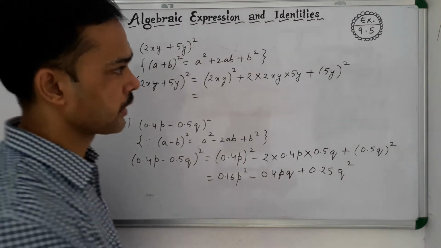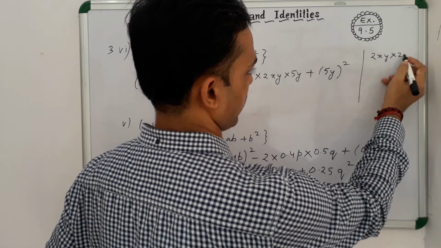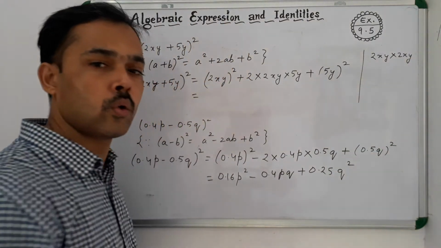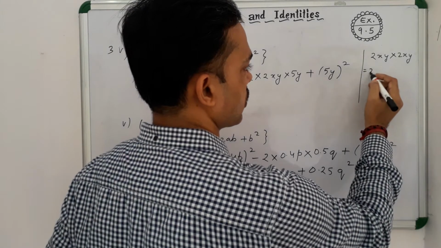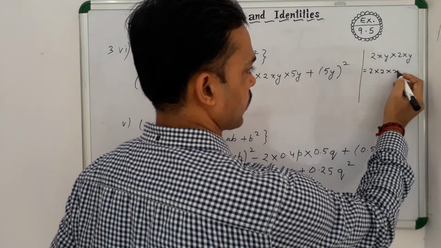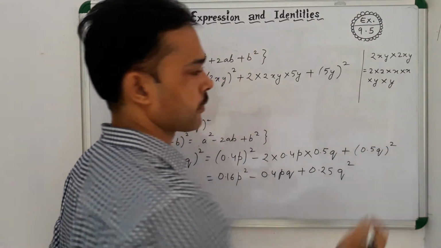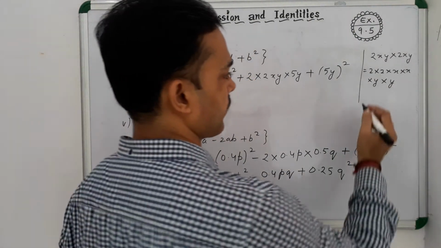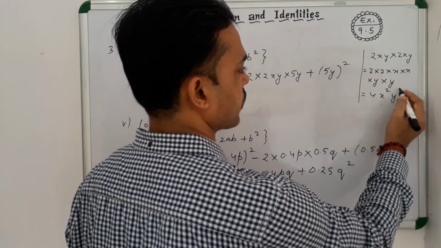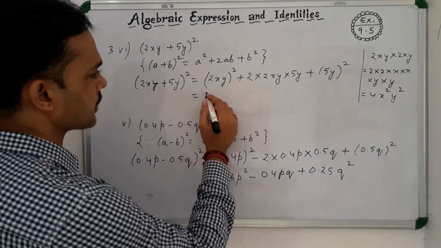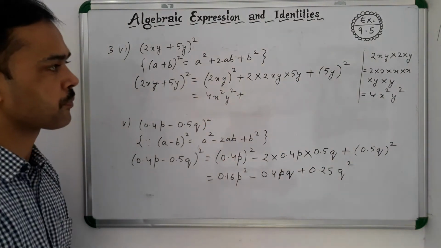(2xy) whole square means 2xy into 2xy. You people know that first you will be multiplying constant by constant. So 2 into 2 into x into y into y. So 2 into 2 will be 4, x into x will be x square, y into y will be y square. That is why over here I have written 4x square y square plus.